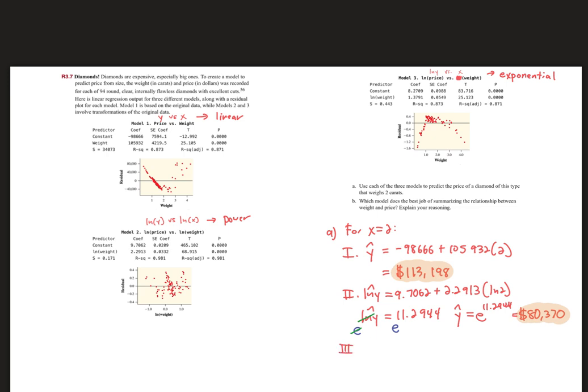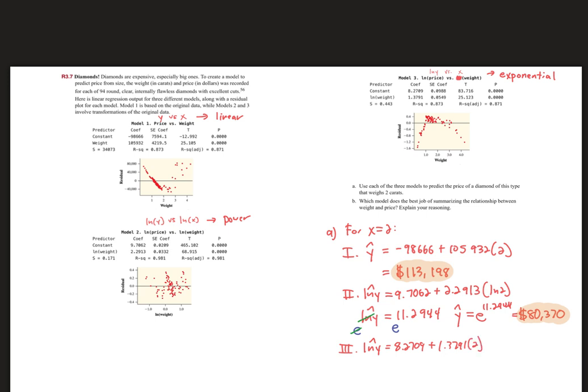Model 3. This is ln y versus x, so we'll start out the same way as the last one, since ln y is the transformed y. We look at this model's y-intercept, 8.2709, plus the slope, 1.3791, times the actual x, which will be 2.